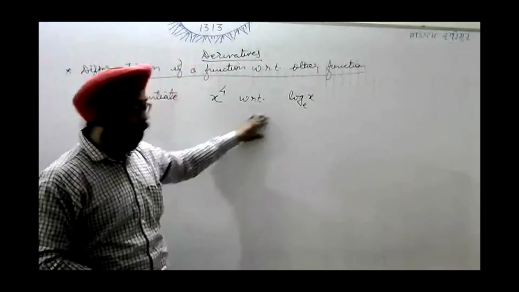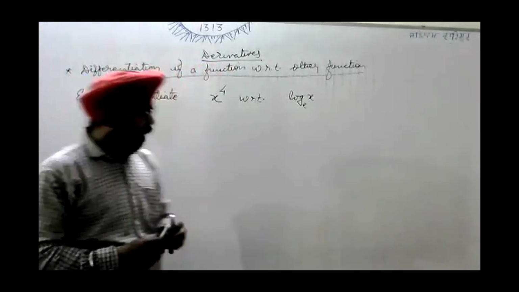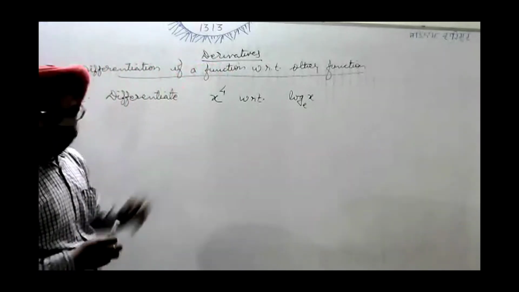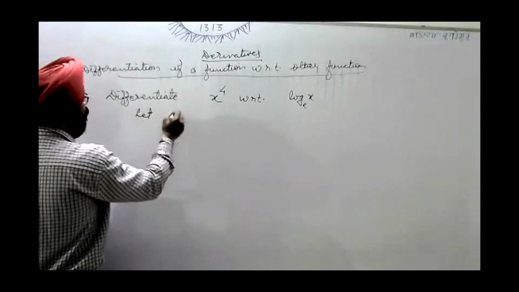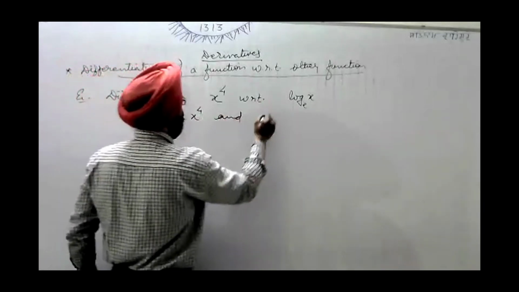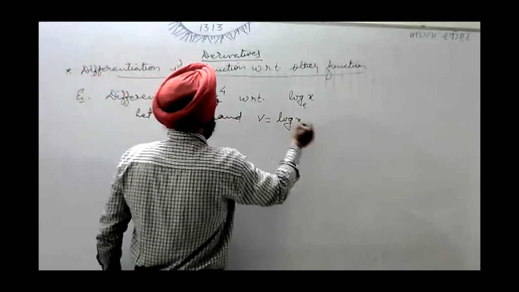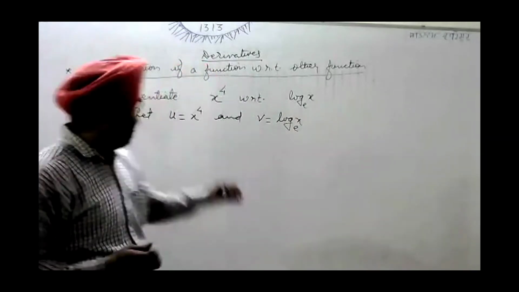Here I am saying with respect to log x. No worries. Do one thing. Consider first function as u. Let u equal to x to the power 4 and second function as v equal to log x to base e.